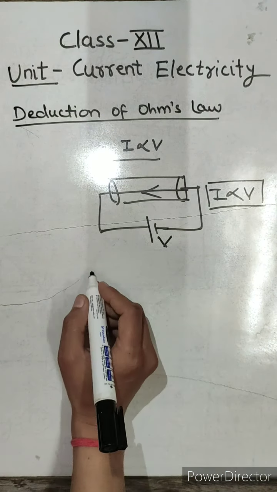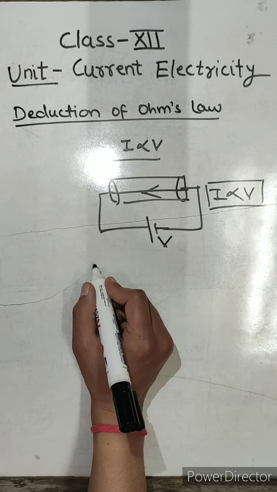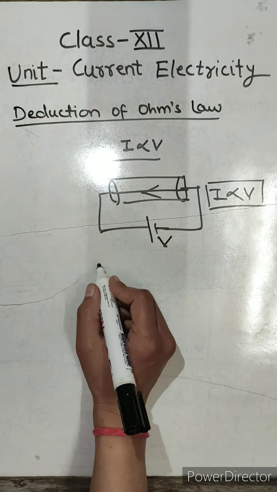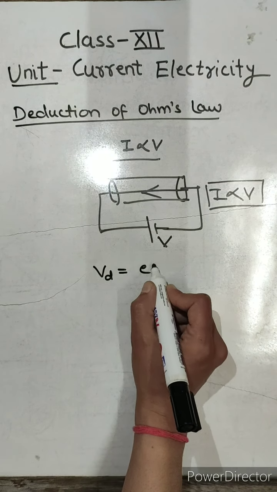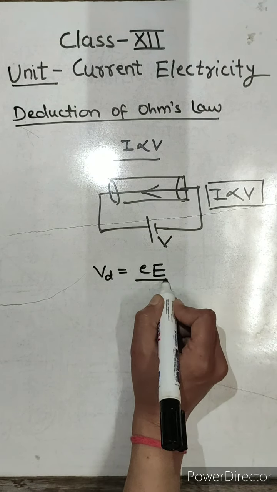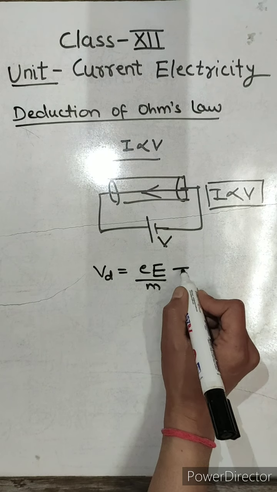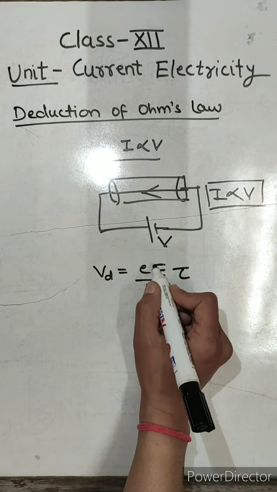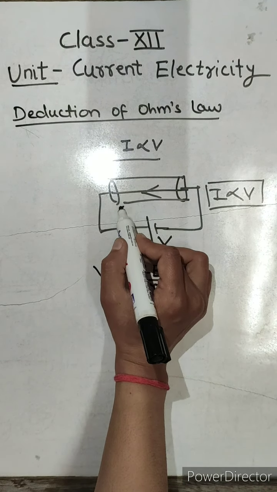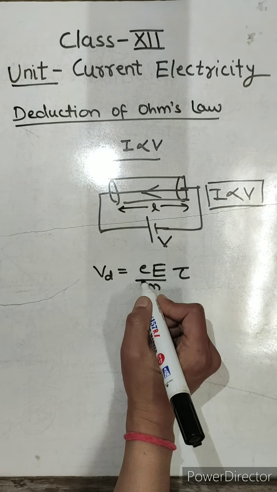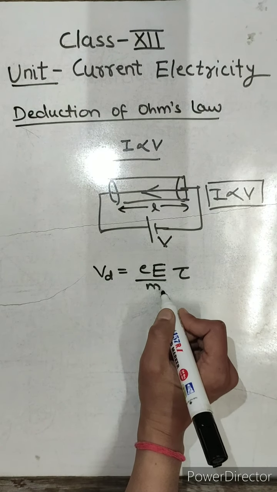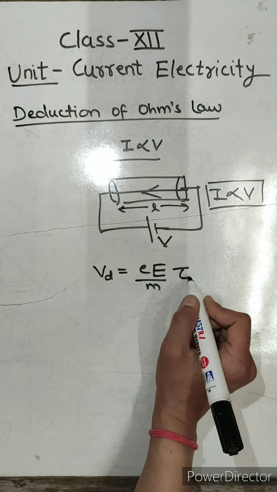For this, let us start with the very previous equation of drift velocity. Vd is equal to small e into capital E upon m into tau, where this capital E is the electric field across this conductor, small e is the charge on one electron, m is the mass of the electron, and tau is the average relaxation time.